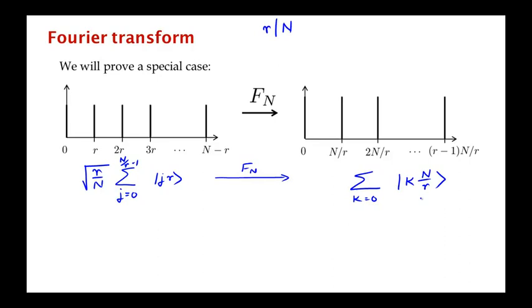And so each should have amplitude 1 over square root of R. And k goes from 0 to what? Well, there are R of them, so you'll go to R minus 1.